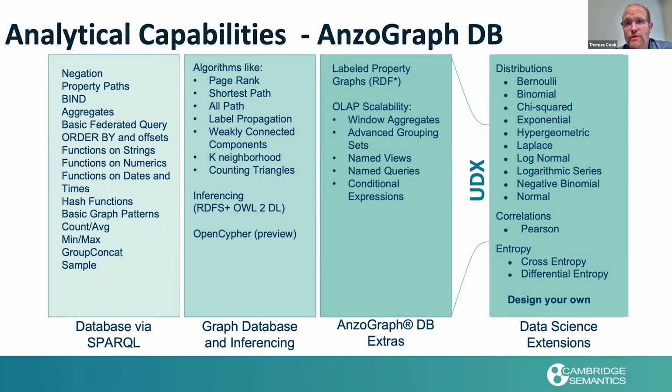And we've also used that same interface to deploy a library of data science functions, over 50 functions available to do feature engineering and data discovery, various distributions and correlation, entropy, principal component analysis, singular value decomposition, etc. But you can build your own in any C++ or JVM-based language.